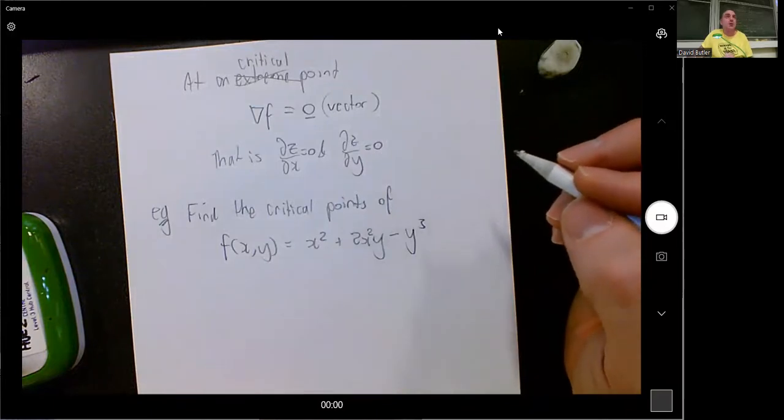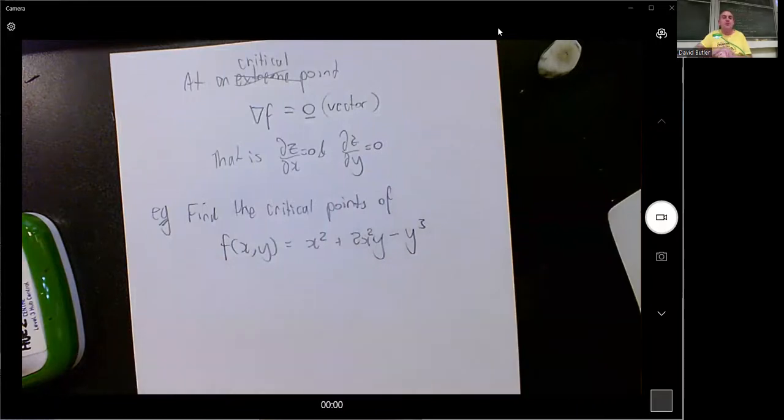I'm probably going to do a really bad job of this, just making one up. Find the critical points of this function.